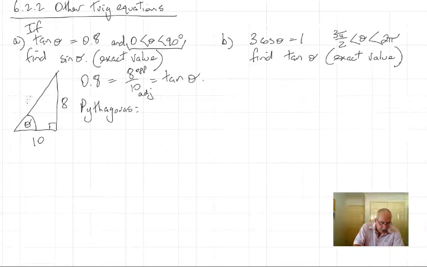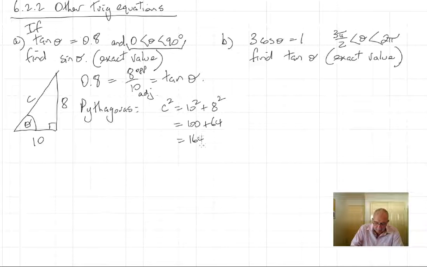we've got, we call that c for instance, we've got c squared equals 10 squared plus 8 squared is equal to 100 plus 64, so that's equal to 164.